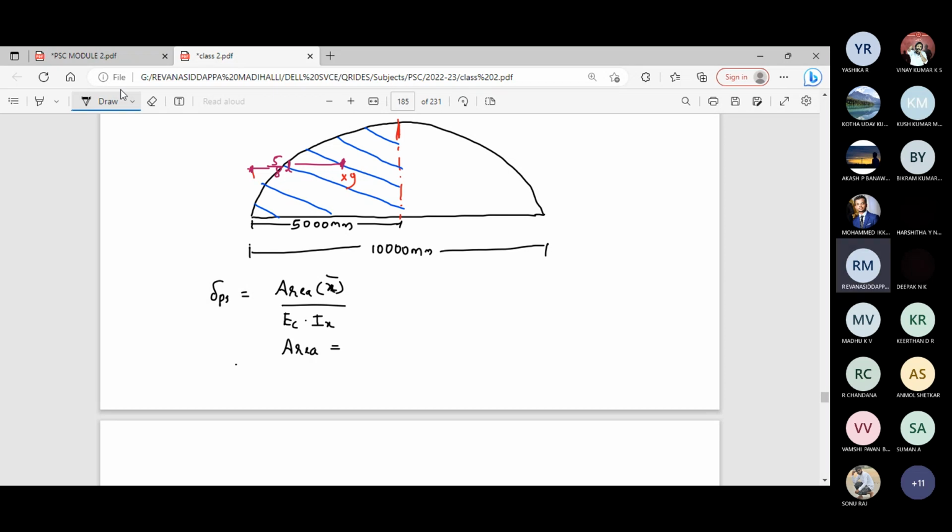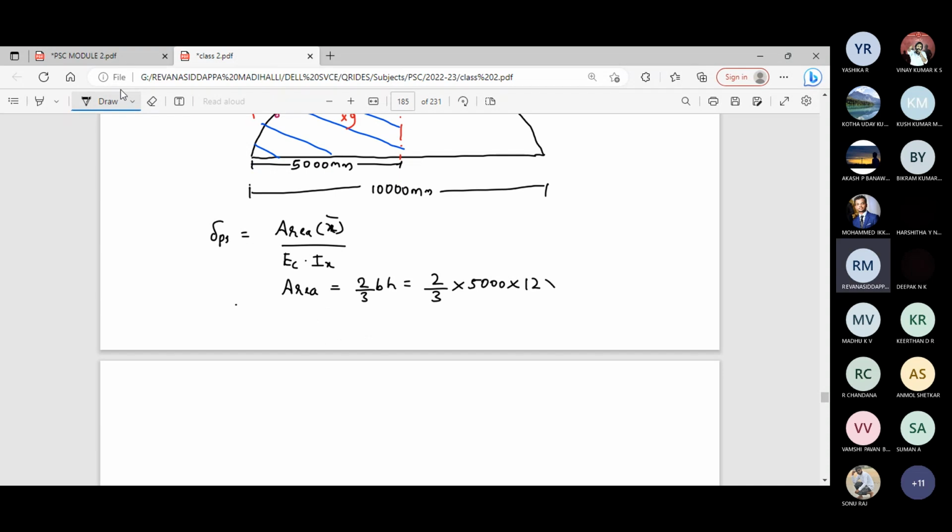Area is equal to, the formula is 2/3 of base into height. 2/3 of base, which is 5,000, into height, which is 12 into 10 power 6. By this you will get the area. Okay, let me calculate it.